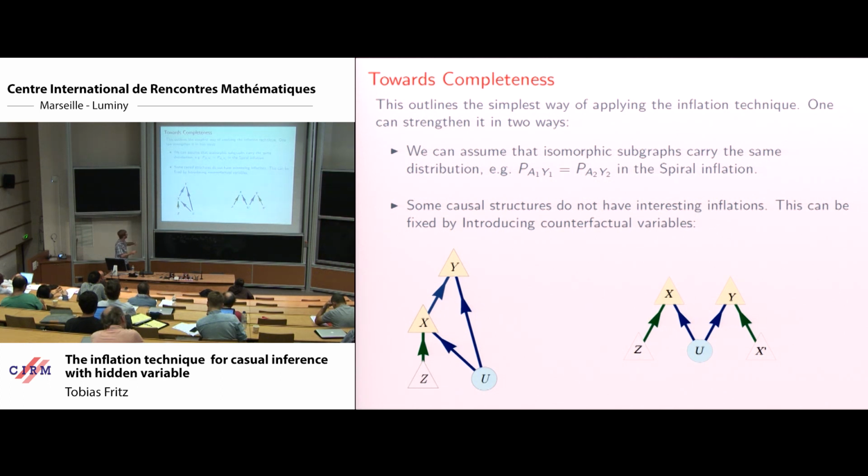You cut x apart into the actual value and some additional x prime that is sort of a counterfactual value. And then whenever you have a joint distribution on this, you get a family of, or a space of joint distributions here. And then one can work at this level, and then their completeness proof applies.